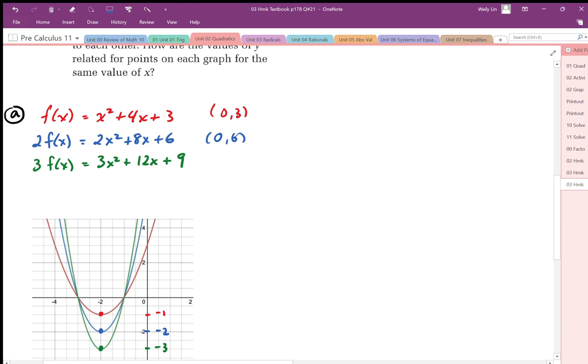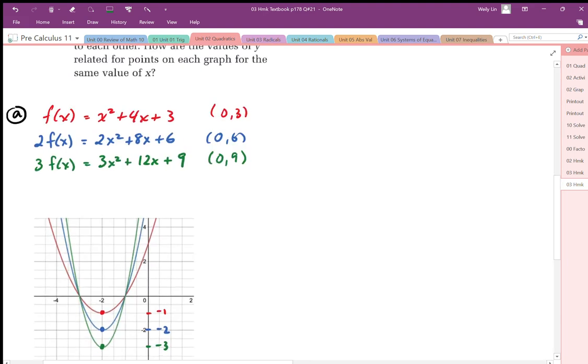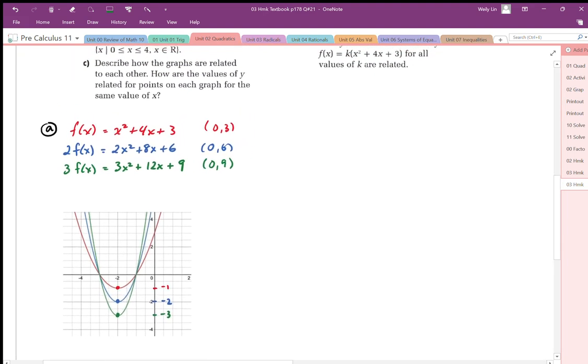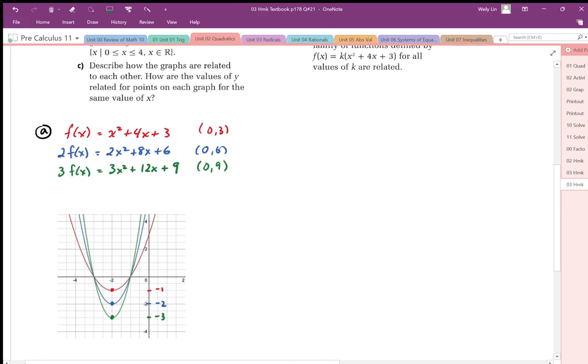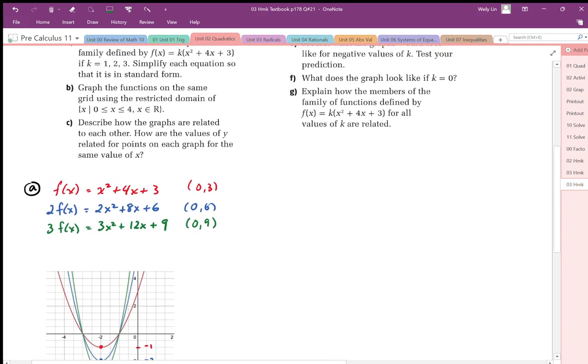Just like negative 1 went to negative 2, the 3 went to 6. And then if I have 3f of x, at x is 0, y is 9, we can see the same thing is happening. There is an expansion away from the x-axis by a factor of 3. So that k value essentially is expanding along the y-axis by whatever the factor is.